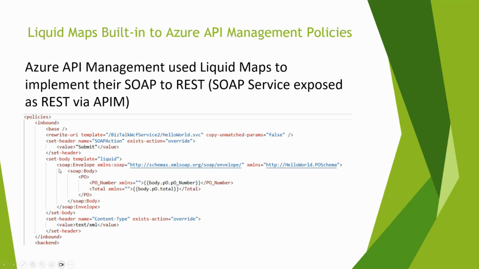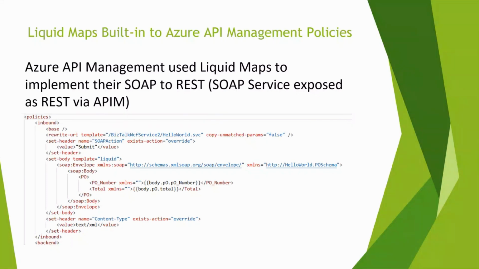Basically you have your template there, and you can put pretty much anything you need in that template, and then set the content type in there and send it to the backend service however you want to.